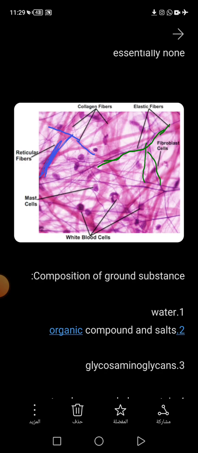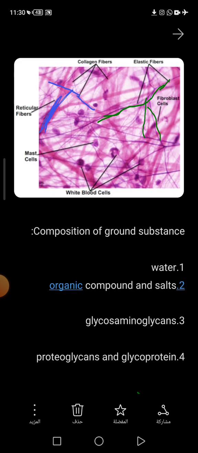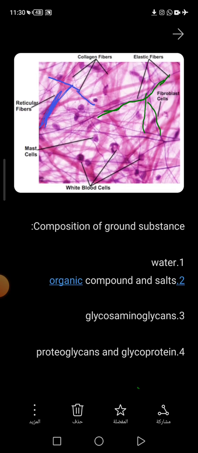They are very thin, but reticular fibers, as I colored here, are thicker than both collagen fibers and elastic fibers. So collagen fibers are a little bit thicker than elastic fibers. Elastic fibers appear basophilic, and they are dark.